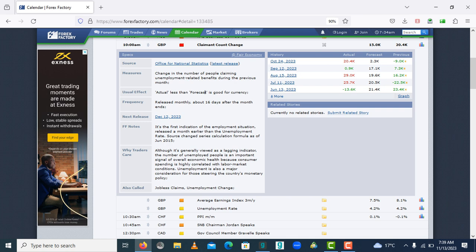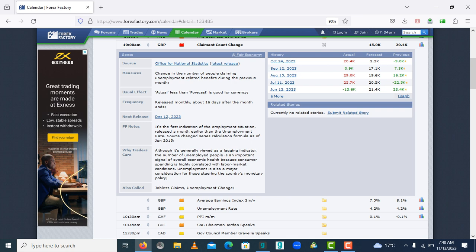Number two, you will manage to get this very important aspect, the frequency of release, and this one you can have it on your diary. This news is released monthly, about 16 days after the month ends. Then you will get when the next release will be, and some other notes given there.